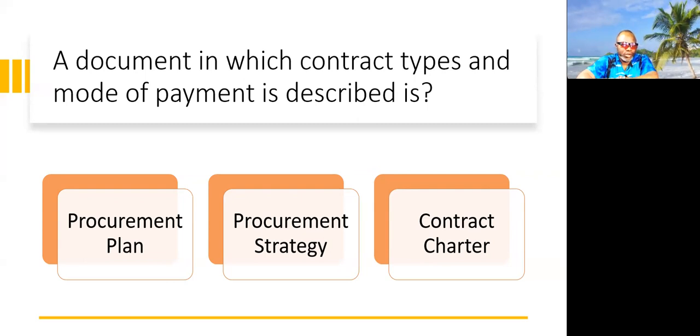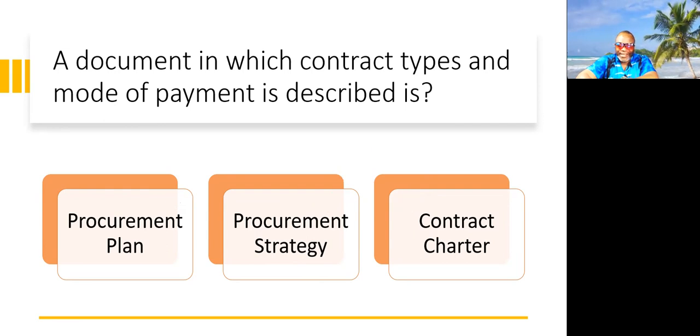I did expect that to go quick. The answer is, believe it or not, this thing which doesn't really exist, a contract charter, no such thing. And it's not the procurement plan, as some of you might have thought. No, the procurement management plan does not contain this stuff. Contract types, mode of payment, all that, you would find it in a procurement strategy. All right, more than a procurement plan.